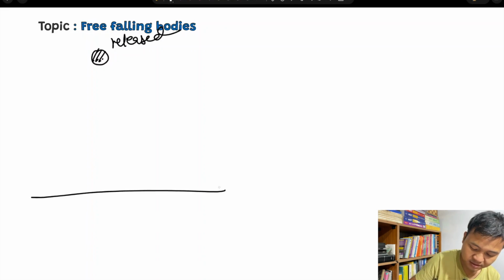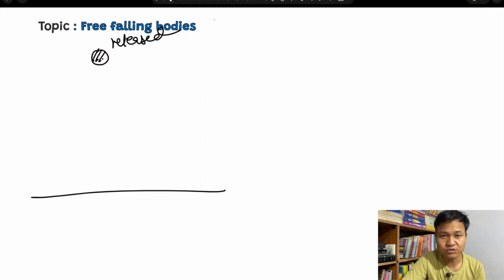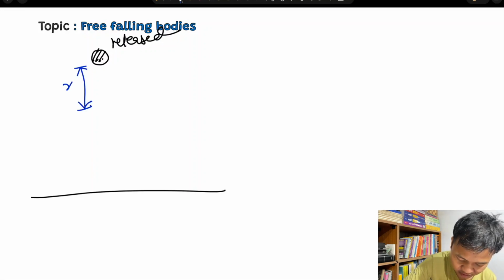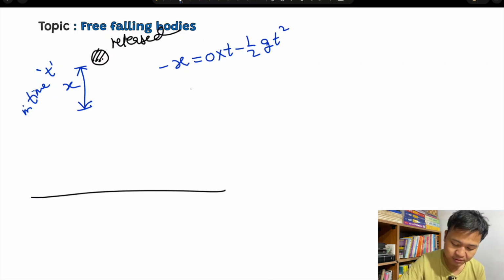Now suppose I have a body. This is the release. Now let's say after time t, how much distance is covered? Suppose it goes from here to here in time t. Apply the formula for x: x equals 0 into t minus half zt square, so the distance is half zt square.